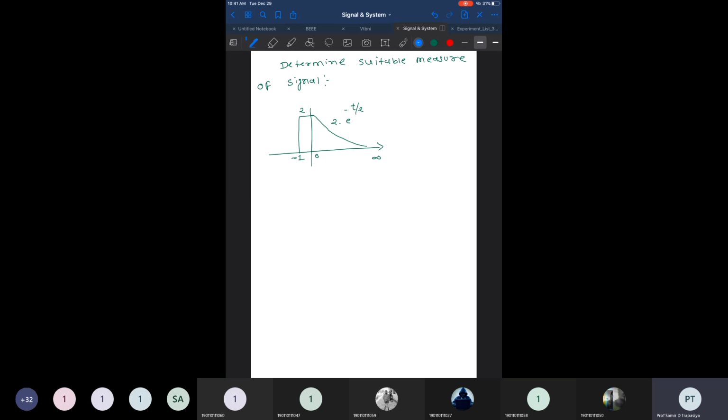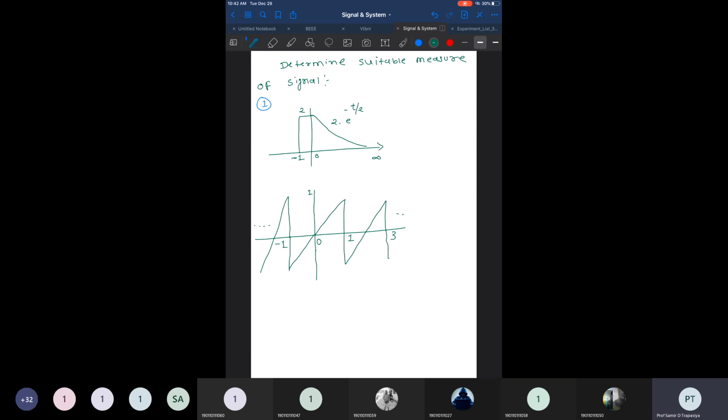So this is one signal, the first signal which is given. The second signal given over here is like this one. This is another kind of signal, and this signal is 0 to 1, and here it is 3, -1.